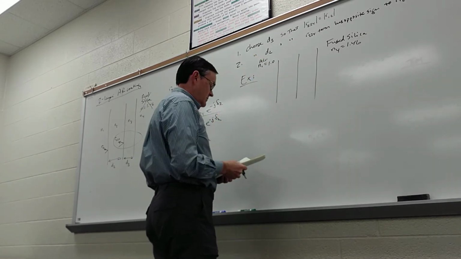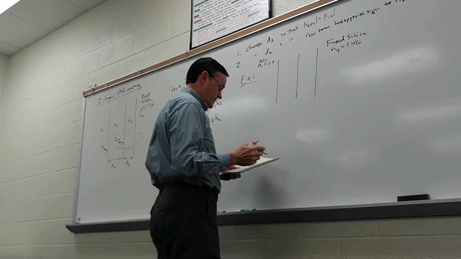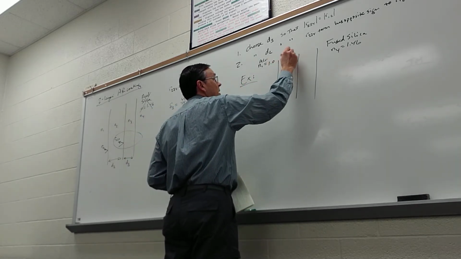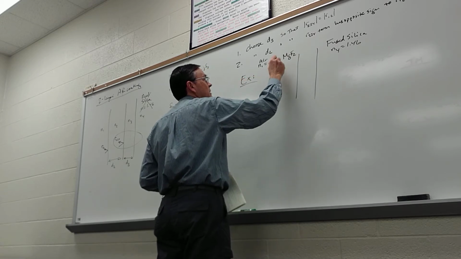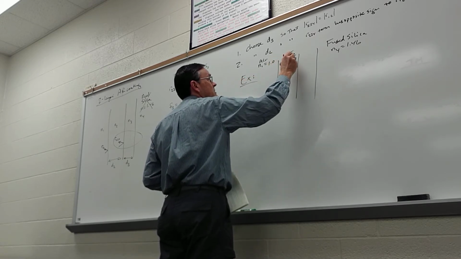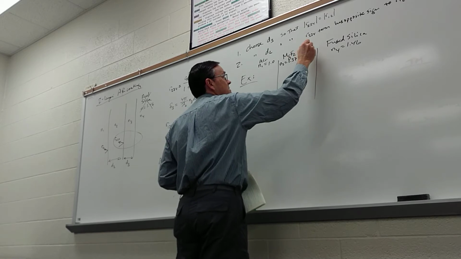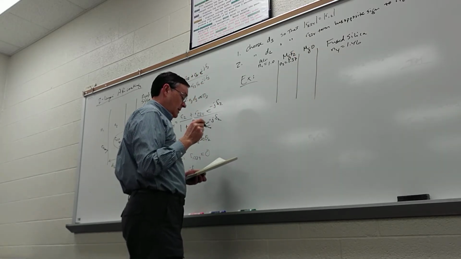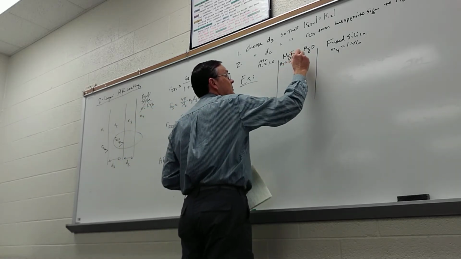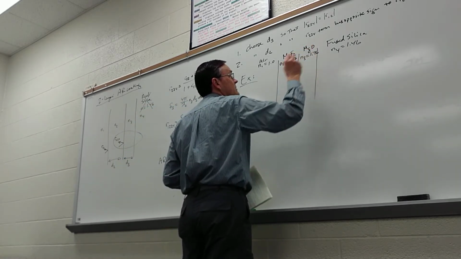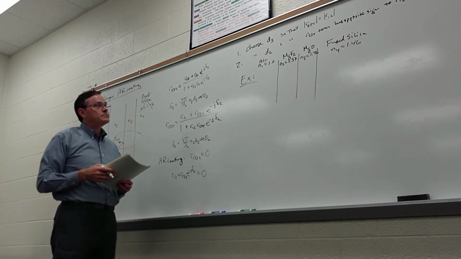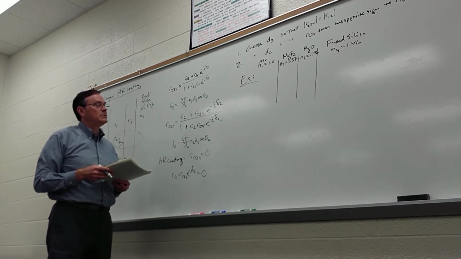And then let's say we're using magnesium fluoride for the top coating, so N2 is 1.37. And let's say we use magnesium oxide for the first coating, and so that has a refractive index N3 of 1.76.